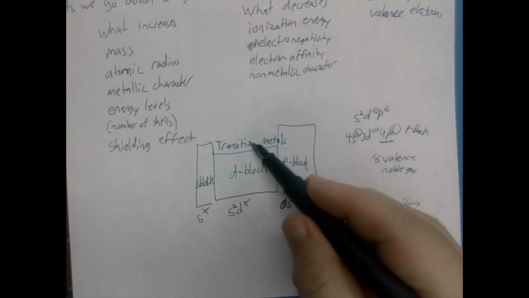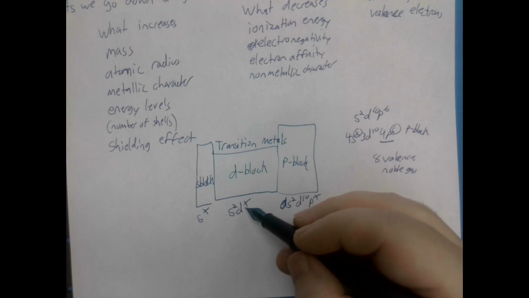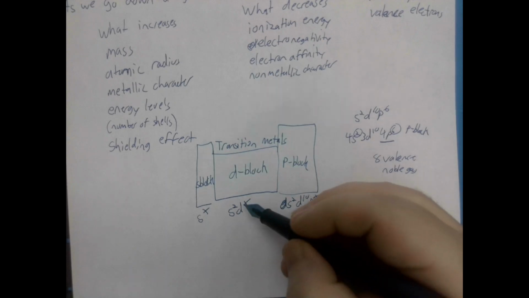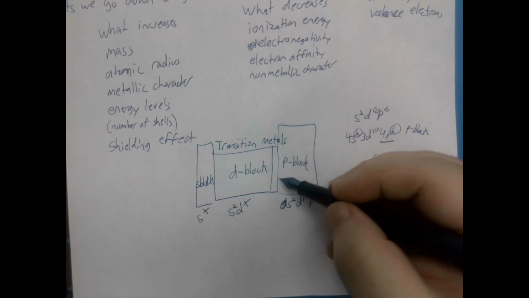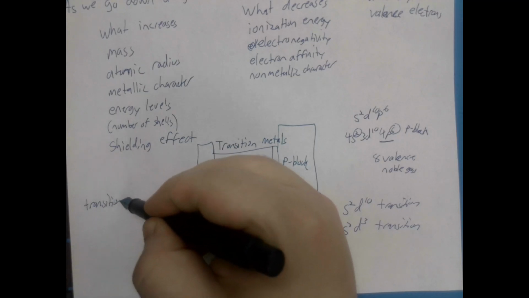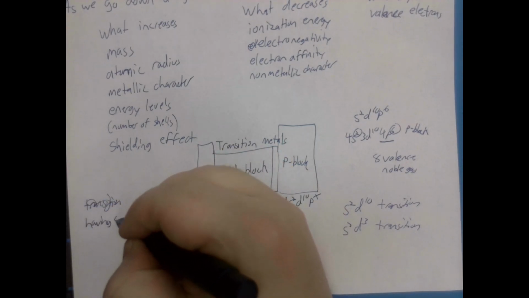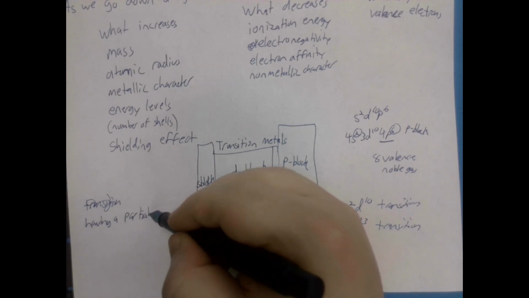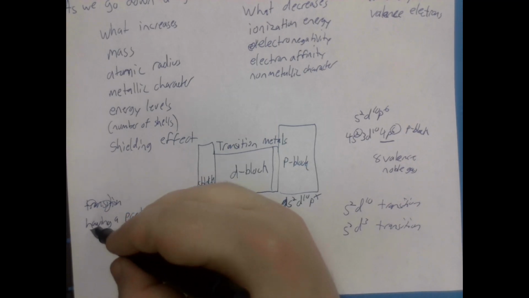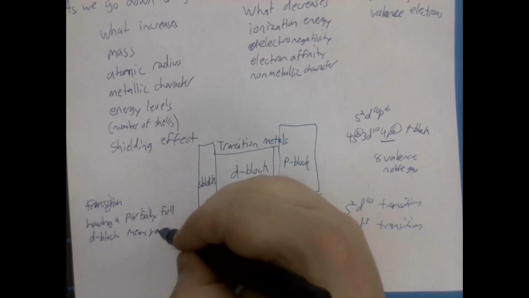So, a transition element has a partially filled D sublevel. Unless it's on this one. This one has it completely full, but no P block. So, transition metal. Alright, so having a partially full D block means you're a transition metal.